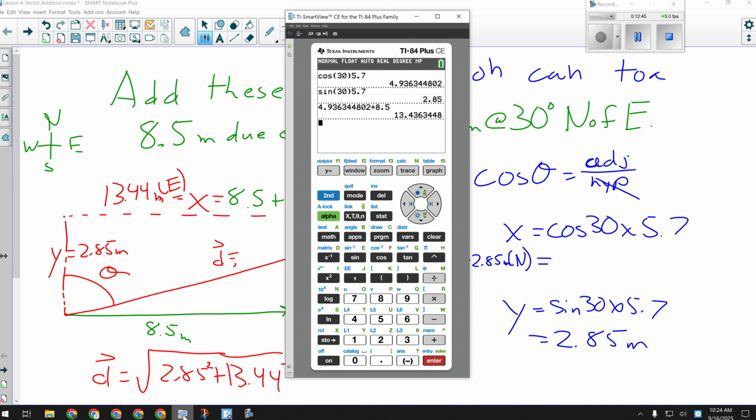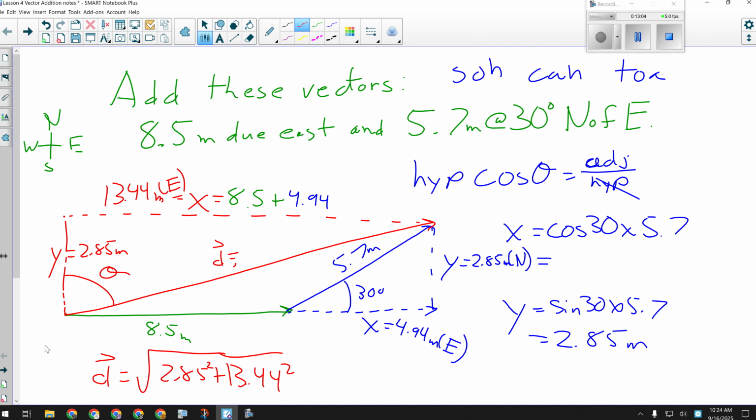Okay, so I'm going to go square root of that number squared plus the 2.85. Now, it doesn't have any more decimals than just that, but whatever. So we have 13.735, I'm just going to write it all in there, 13.735 meters.